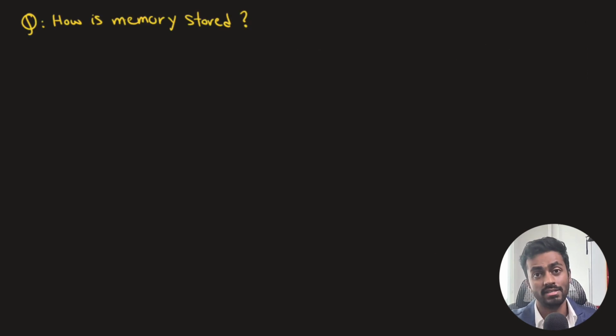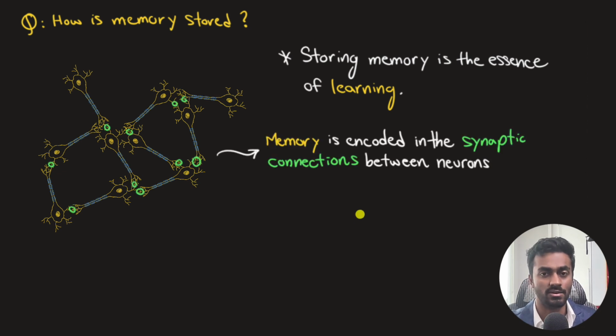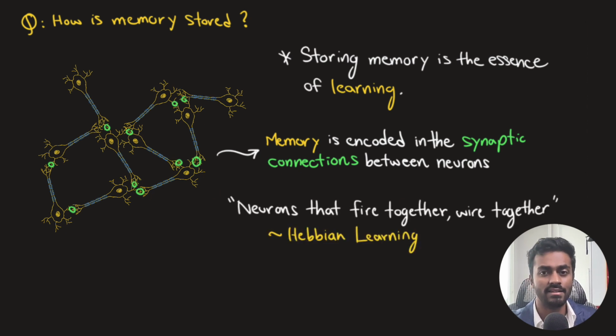So how is memory stored? Now, when we consider an interconnection of neurons like this, storing memory is essentially learning itself. And so learning or memory is going to be encoded in the synaptic connections between these neurons. And this goes into the Hebbian theory of learning.